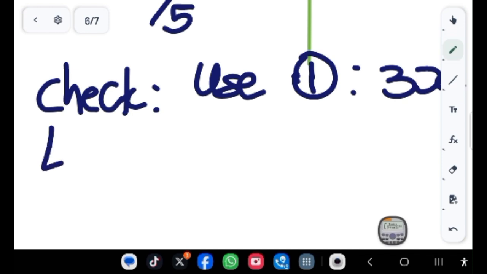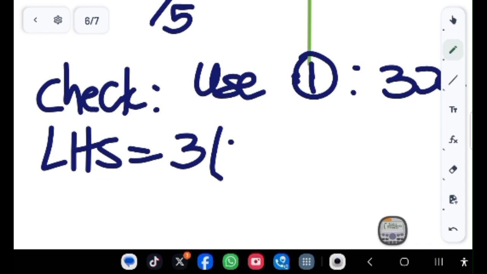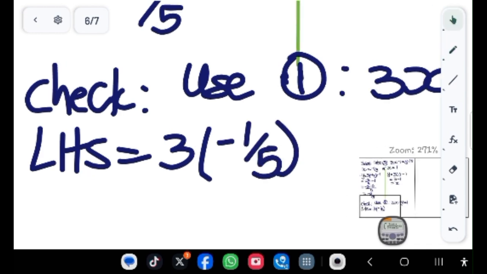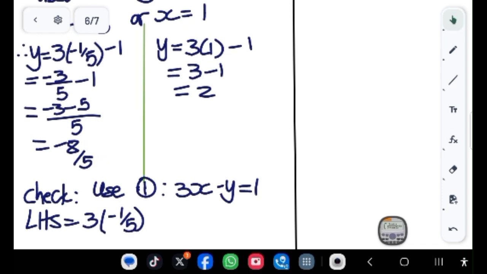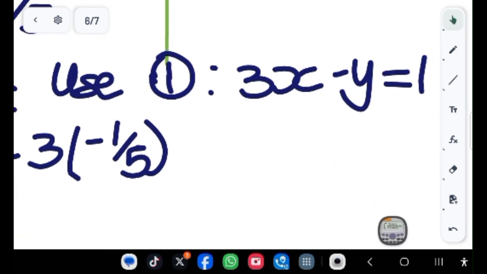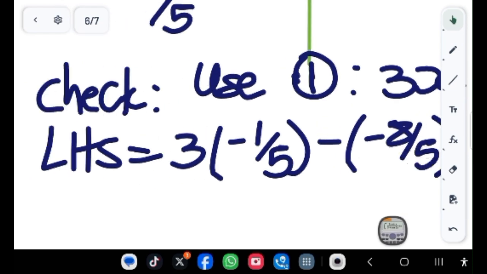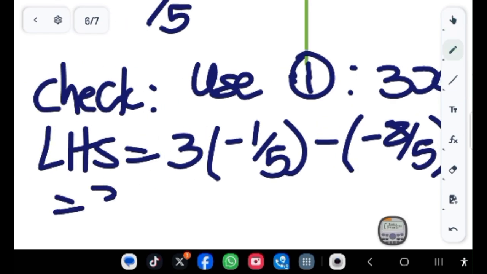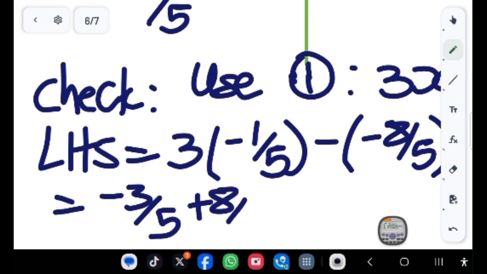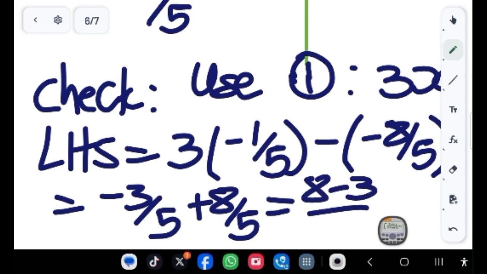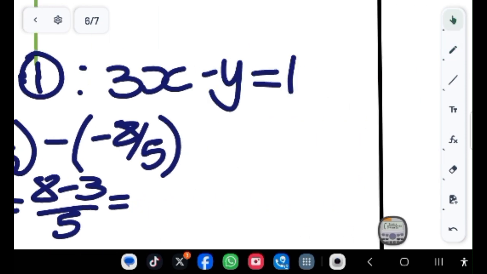So the left hand side will be equal to: wherever there is x, we put negative 1 over 5, and wherever there is y, we put negative 8 over 5. So that will be minus negative 8 over 5. This is equal to negative 3 over 5 plus 8 over 5, that will be 8 minus 3 over 5, which gives us 5 over 5, which is equal to 1.